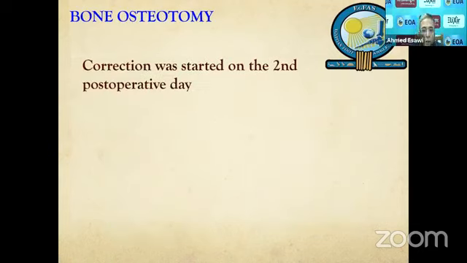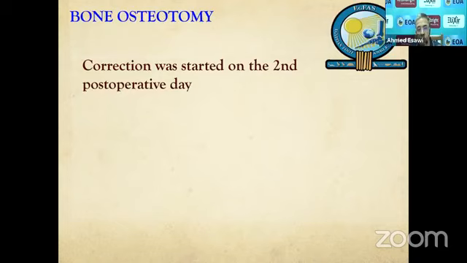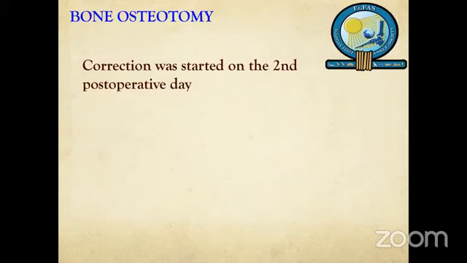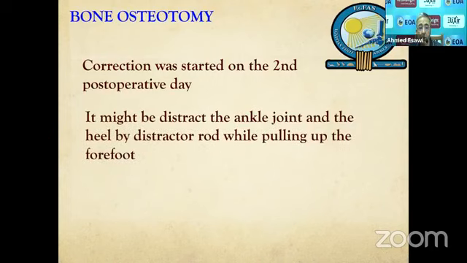So correction usually starts on the second post-operative day, as the calcaneus or the foot doesn't need a latent period. It is started immediately, because the calcaneus is purely cancellous bone, and it might be distracted by the distractor while pulling up the forefoot.